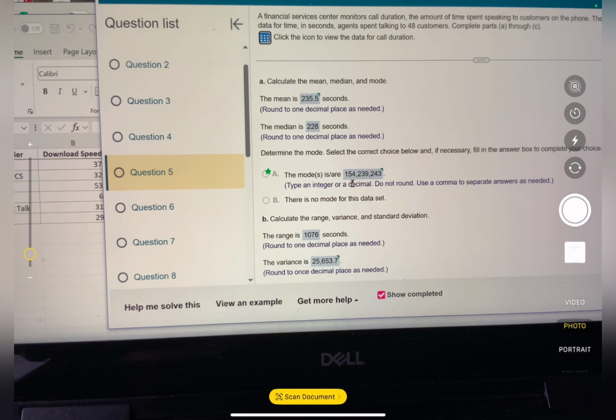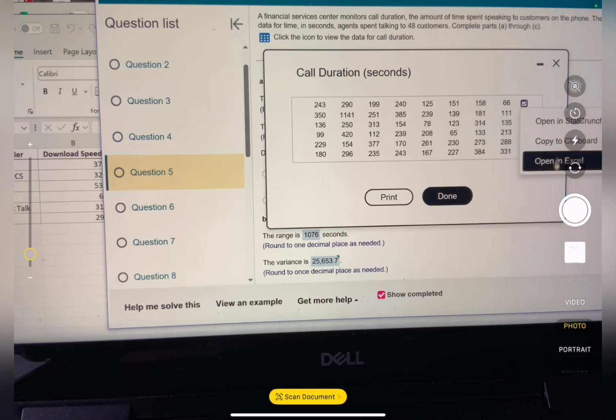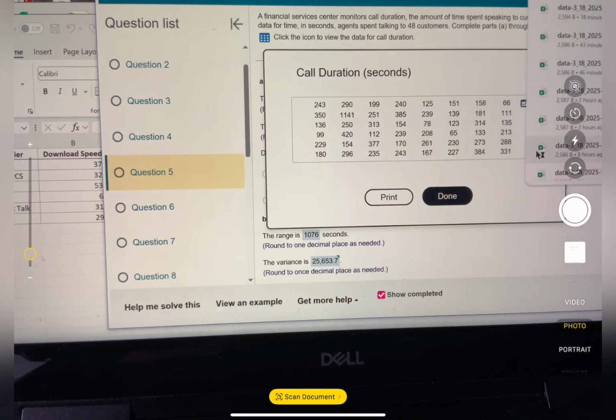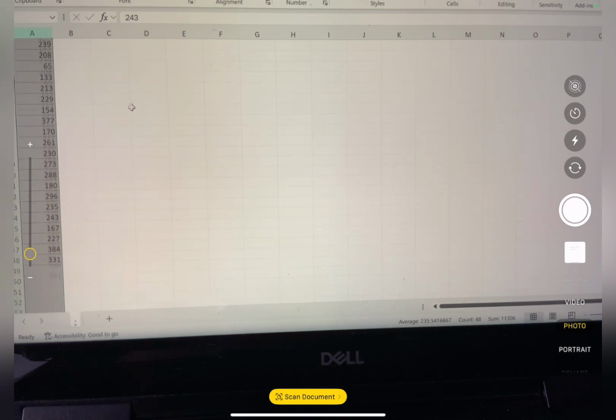Let's say you have 154. How many times is it repeating? Do you know how we can find out real quick? Let's see, opening in Excel. All right, I'm going to highlight the whole thing and arrange in ascending order.